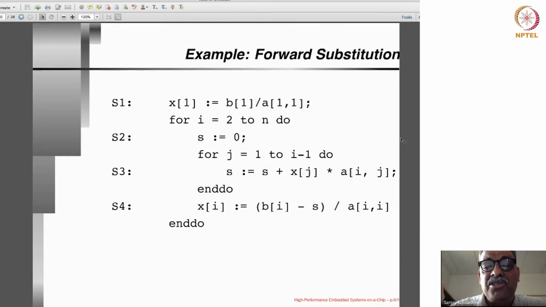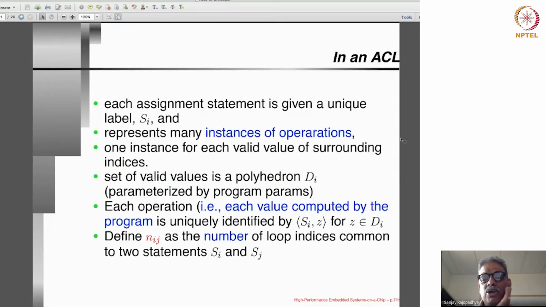The j of S3 does not matter, because the entire j loop that surrounds S3 is, in the statement execution order, strictly after the statement S2. It also happens in this case that, in the textual order, the entire loop is textually after statement S2. Okay? So these are subtle details which it's better to ignore for now.